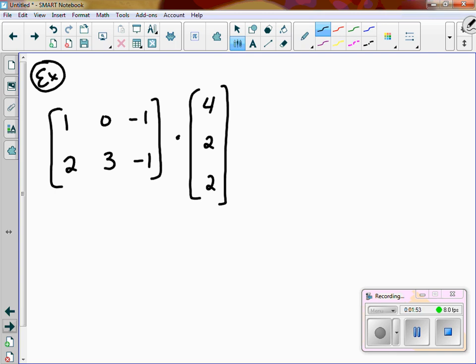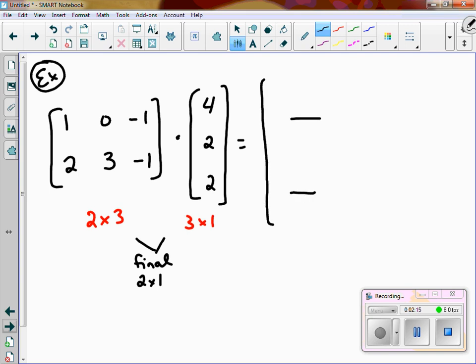Looking at this first one, remember it's rows by columns. This one here is a 2 by 3, and this one over here is a 3 by 1. So this tells me that my final dimensions are going to be a 2 by 1. So this is going to be in the form of this and then this. That kind of helps me figure out where things go.